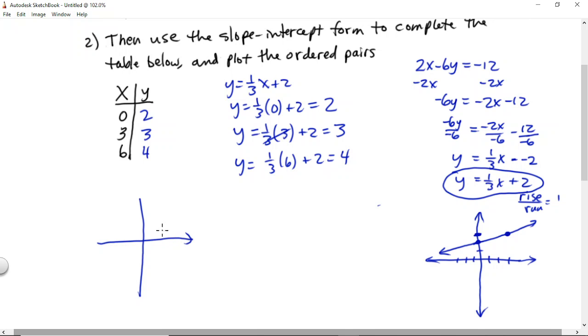See if our graph looks the same. Of course, it won't look exactly the same because both graphs are a little bit sloppy. Let's see. I want to actually make this a little bit bigger.